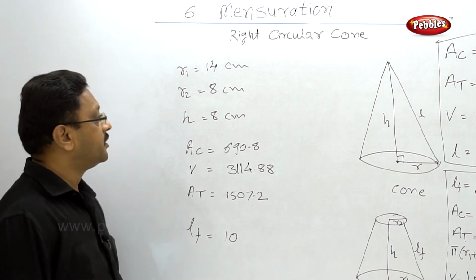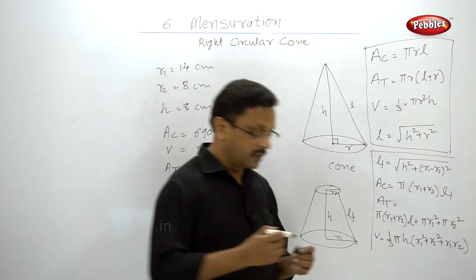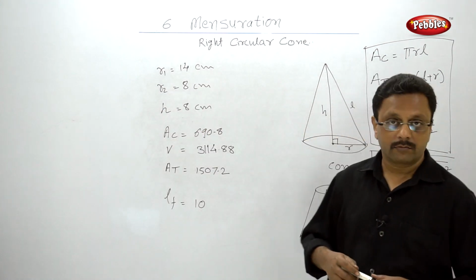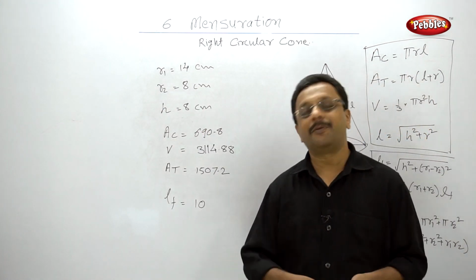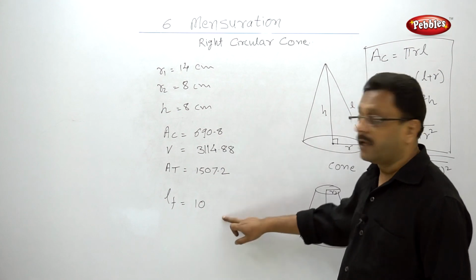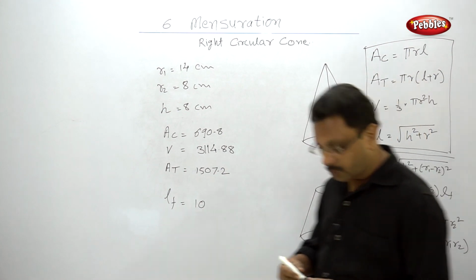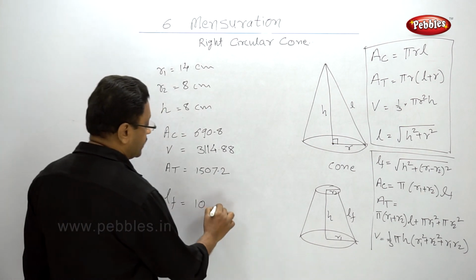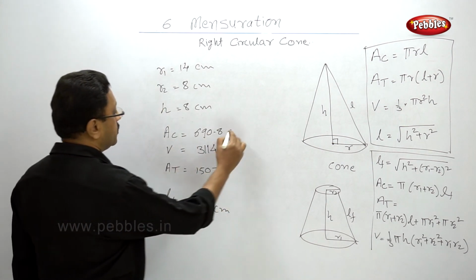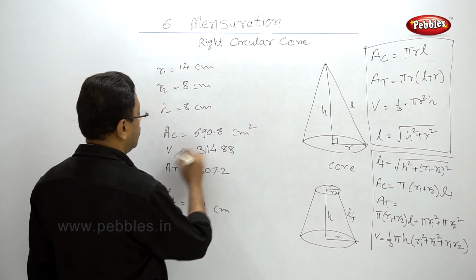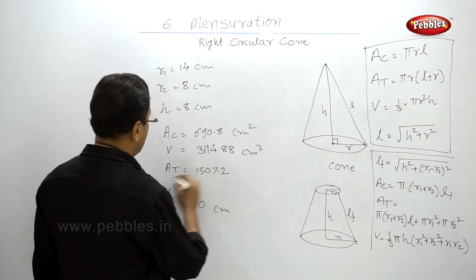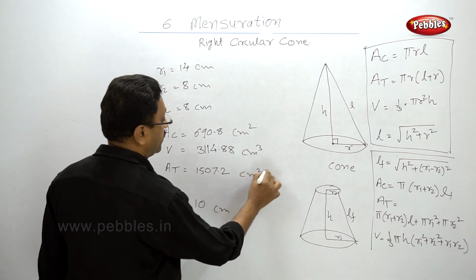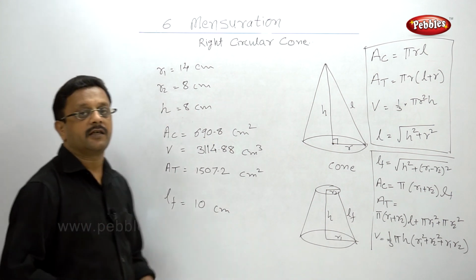If you have got these answers, they are wrong. Why? Simple thing, I have not written any of the units. So you have to write the units. The slant height is 10 centimeters, curved surface area is centimeter square, volume is centimeter cube, and total surface area is centimeter square. Now the answers are correct.